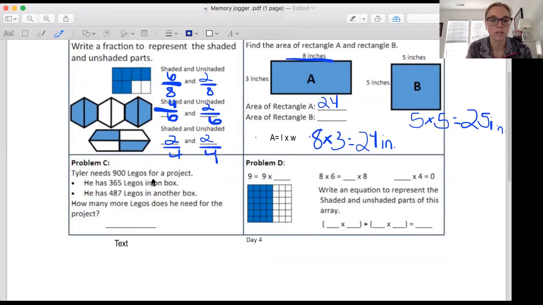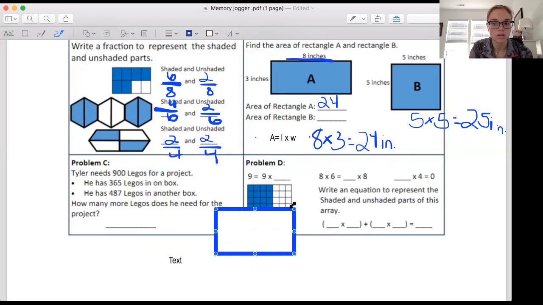All right, now I'm going to scroll down to problem C. It says that Tyler needs 900 Legos for a project. So that is the total number that he needs. We might want to do a part whole for this one actually.